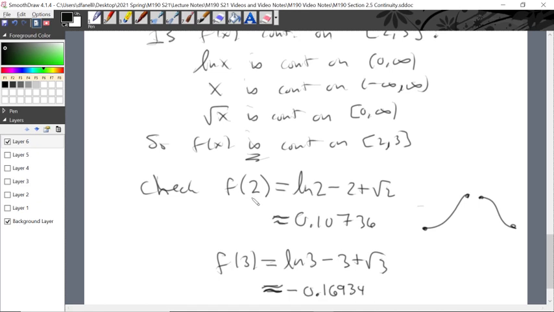Now, we have that f of 2 is greater than 0. We get a positive number, but f of 3 is less than 0. That's a negative number. So we know that our function, when evaluated at 2, would output some kind of positive quantity, and when we input 3, it is going to output some negative quantity.